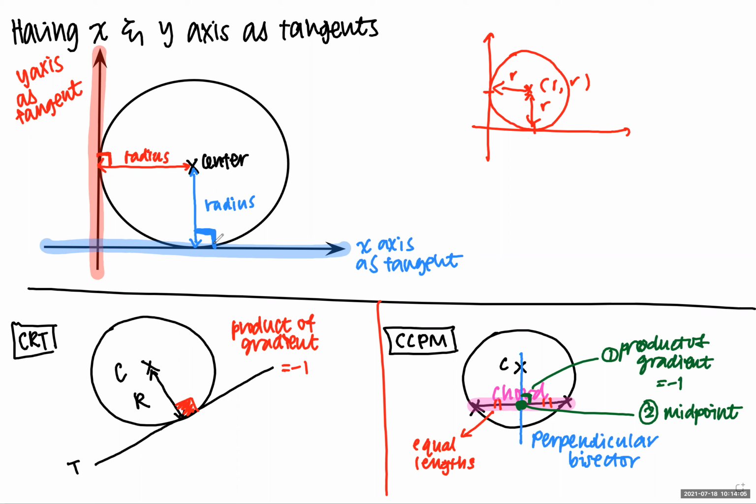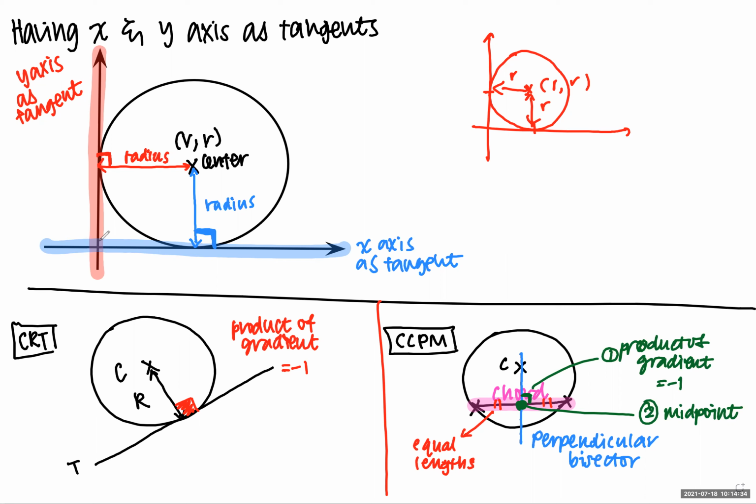So with this concept, I know that my center is (R, R). What do you think the first R is? The first R is actually the X value. And then the second one is the Y value. And they're both R.